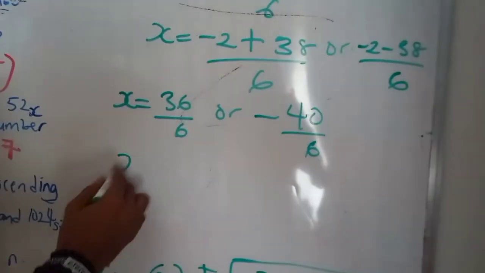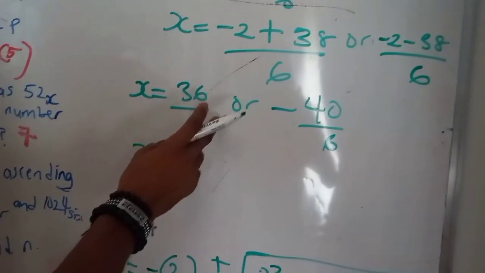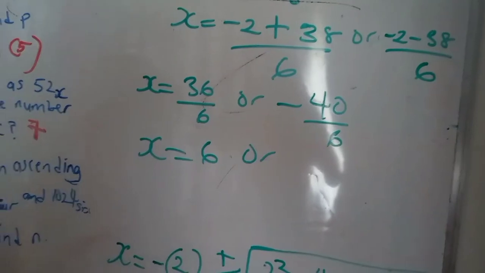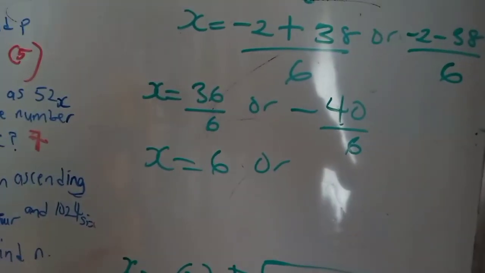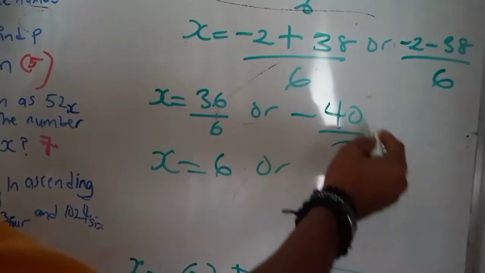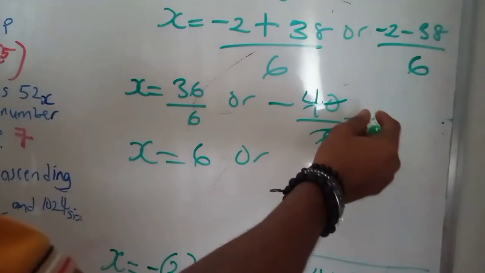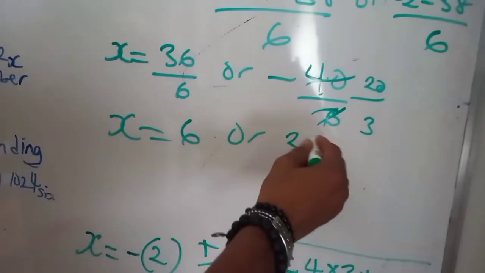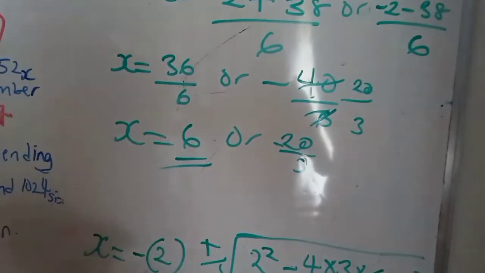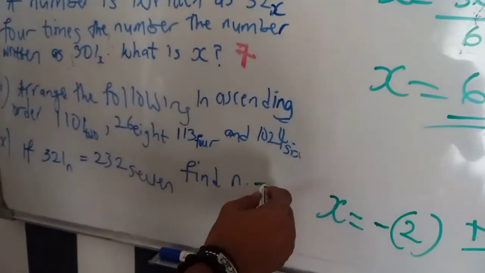So x equals 36 over 6, which is 6, or minus 40 over 6. You can just divide by 2: 2 going into 6 is 3, 2 going into 40 is 20, so you have minus 20 over 3. So I'll pick 6 as my answer, because n is positive in nature. So my answer is n equals 6.